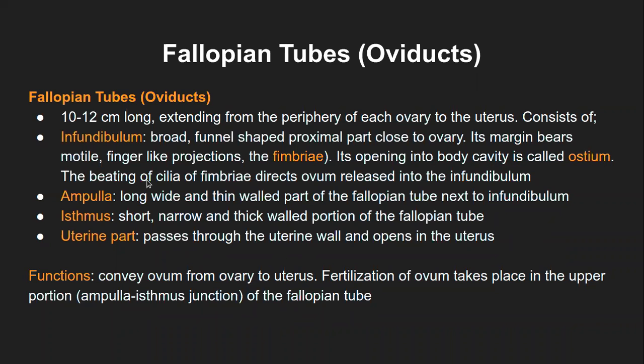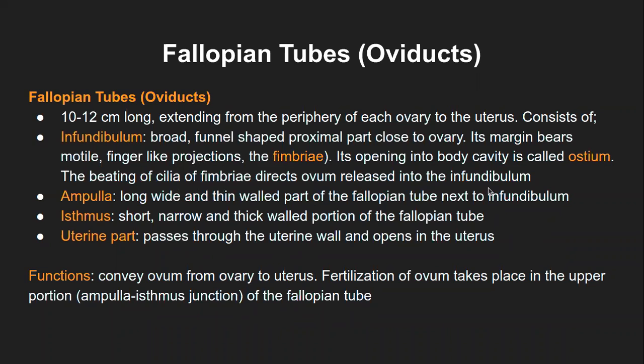Now, the fimbriae, these finger-like projections, have a lot of ciliated cells on the surface. The beating of the cilia of the fimbriae directs the ovum, which is released, into the infundibulum.